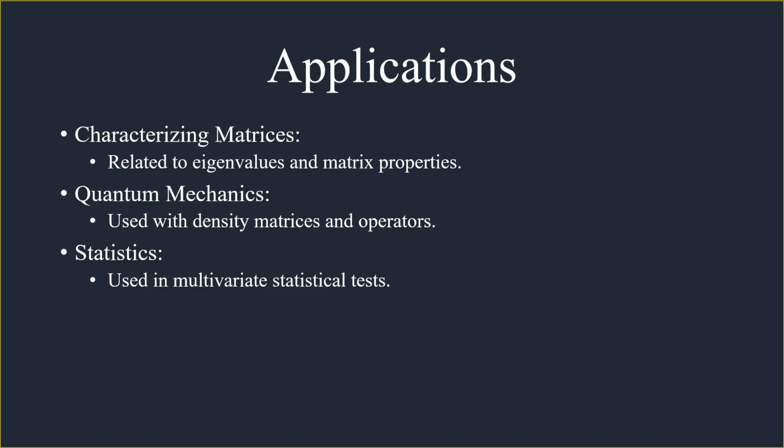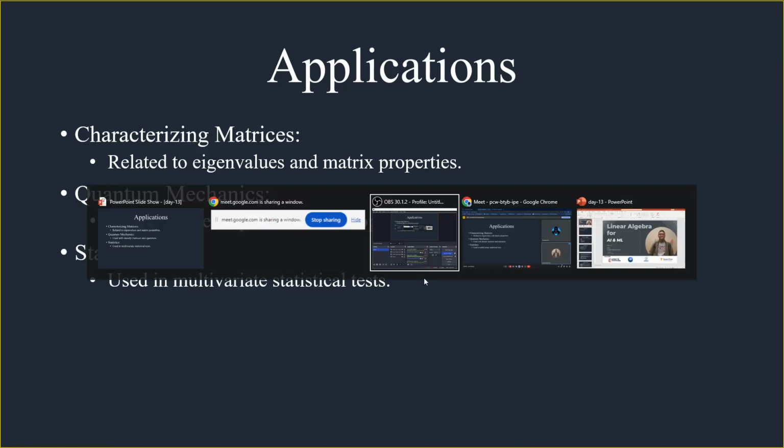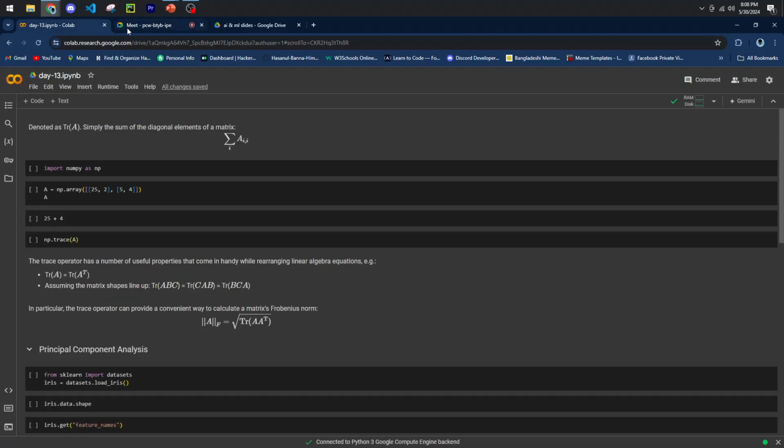In those sessions we learned about traces. In quantum mechanics it is used with density matrices and operators, and in statistics it's used in multivariate statistical tests. Now let's see some code about this one.